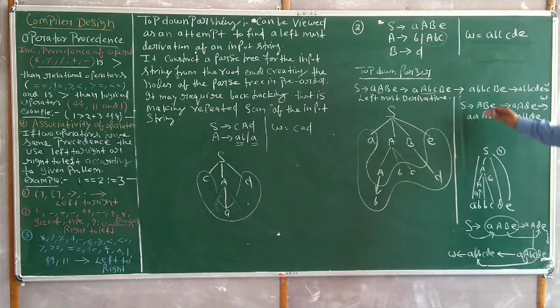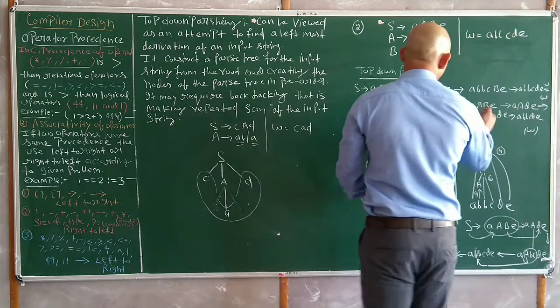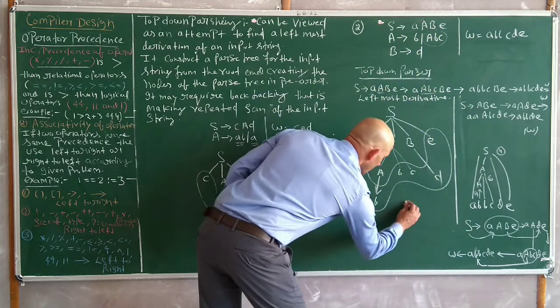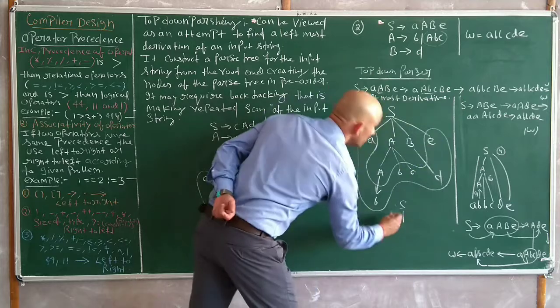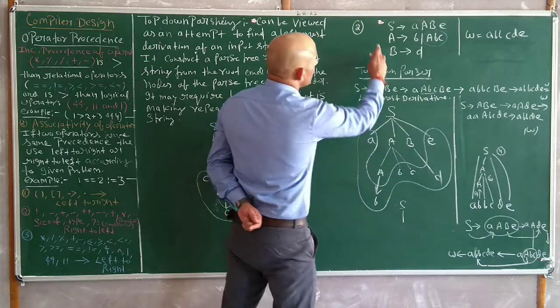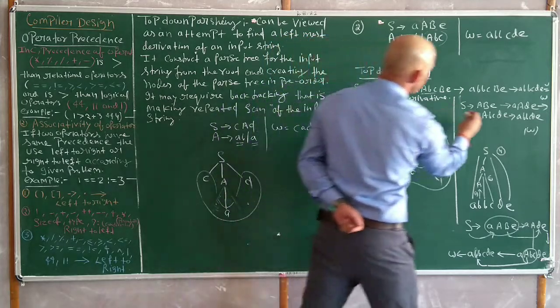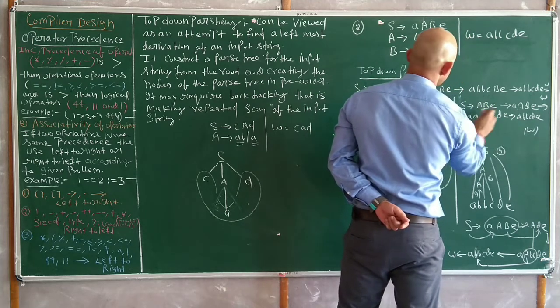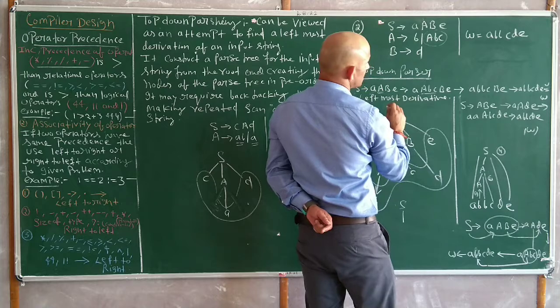Now the second one is the bottom-up parsing. In the bottom-up parsing, S is equal to ABE. At first ABE, S is equal to A, something we have written wrong. S is equal to ABE.